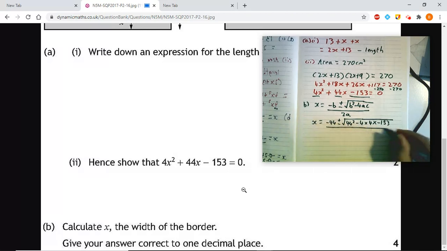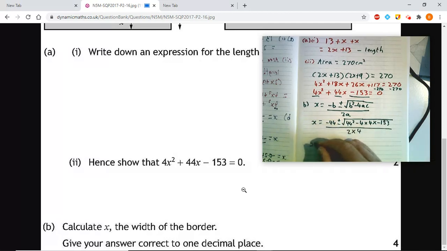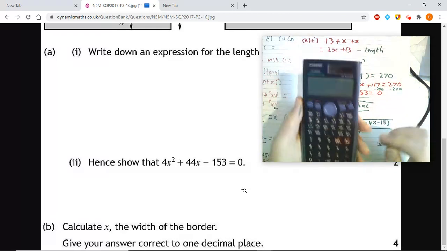And that's all over 2A, which in this case is 2 times 4. Now, it's plus or minus, so that means there are going to be 2 values of x, one where we add the square root, and one where we subtract. This is where you're going to get your calculator out.